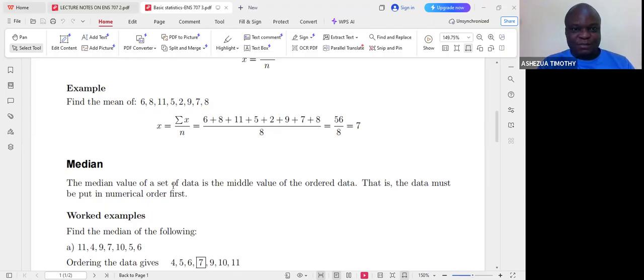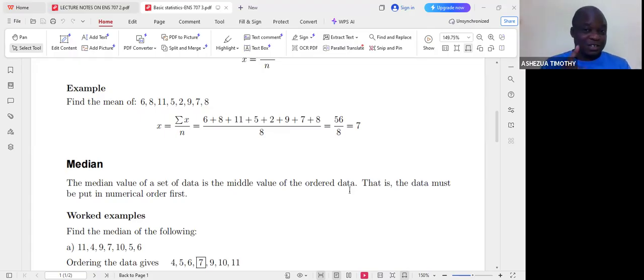The median value of a set of data is the middle value of the ordered data. When we mean ordered data, to find the median, you will arrange it in an ascending or descending order.